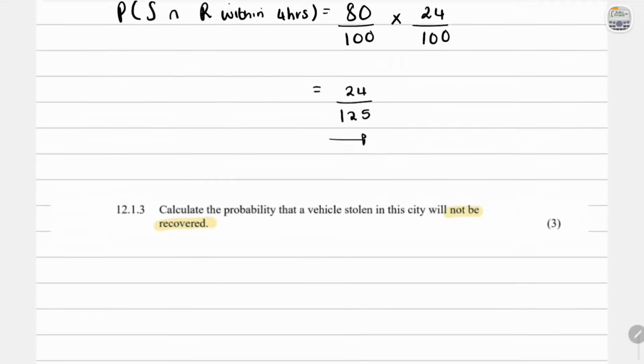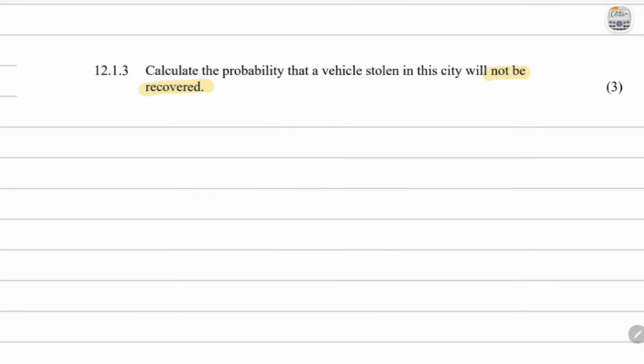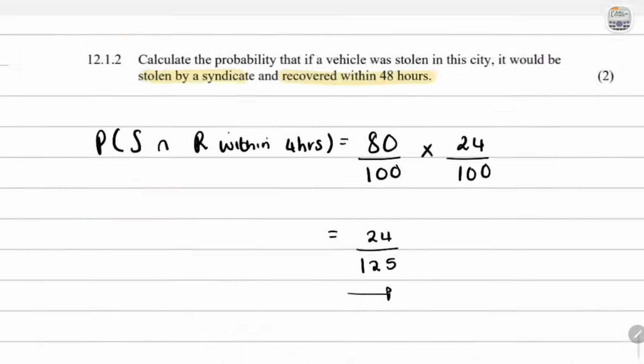So here's how we can show them that. We're saying that we are just going to focus on not recovered, okay, regardless of whether it was stolen by an individual or syndicate. So we'll say the probability that it was stolen by a syndicate and it was not recovered. Or, and when we say or, we're adding, we're increasing the chance. So we're saying plus the probability that it was stolen by an individual and was not recovered as well. So let's find that. Probability, syndicate, and not recovered is 80 times 60.